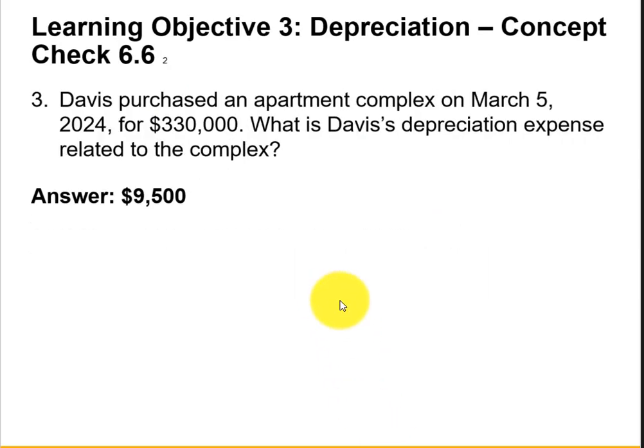Okay? Now, there are tables that do 27.5-year property, 39-year property. But in my opinion, it's just easier to do the calculation. So in this case, you take the 330,000. You divide by 27.5.